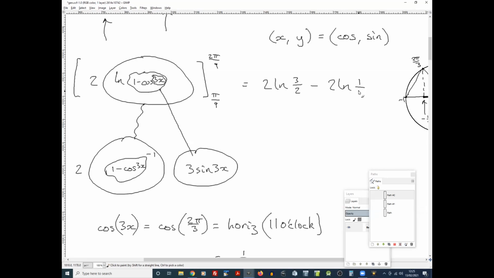Right. And then we just need to simplify the logs there, which we can, because we've definitely got, well, we could just say it's 2 log of... no, we couldn't. Hang on a minute. Yes, we could.